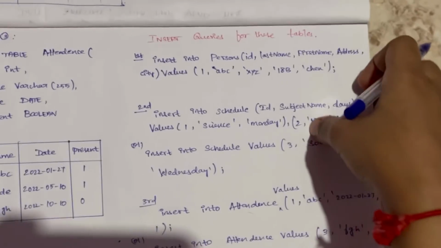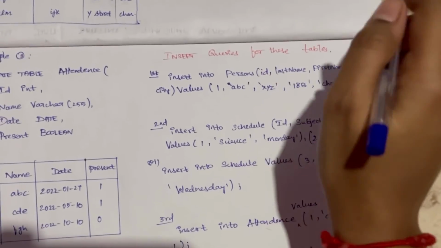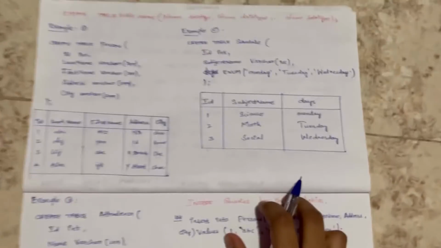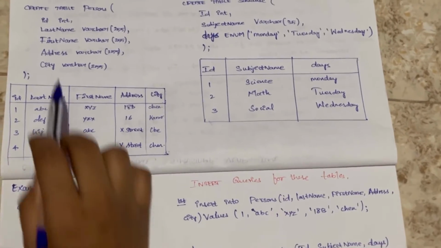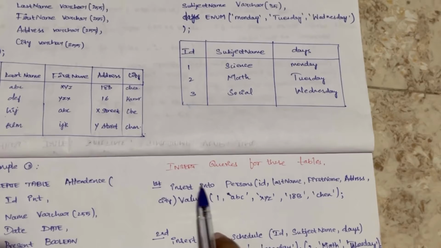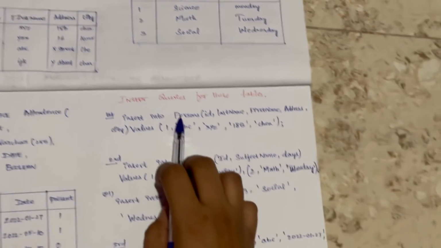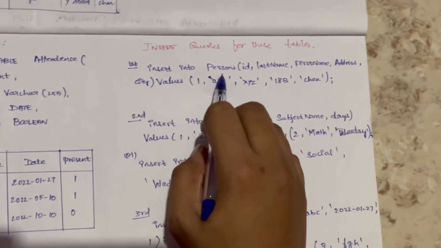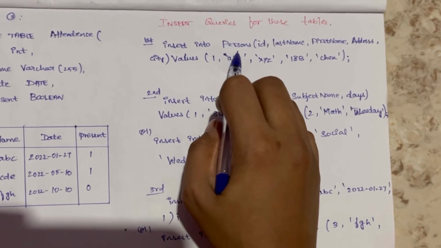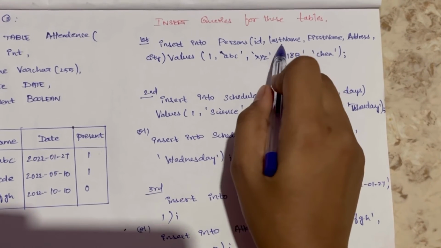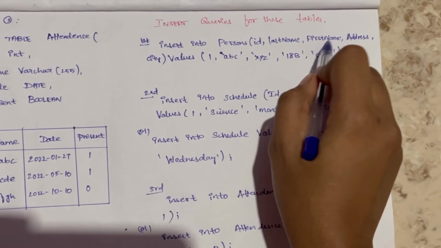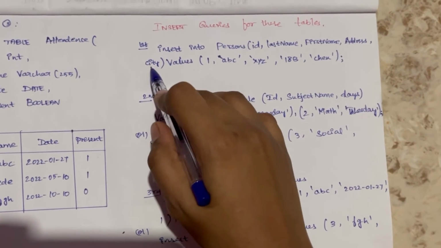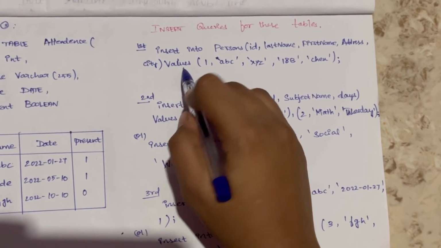Now let's see how we can create insert queries for all these tables. Okay, so first one is insert into persons. Persons is the table which we have created first. Okay, so it has id, last name, first name, address and city columns, and then you have to specify values.